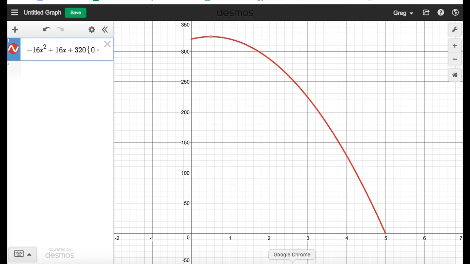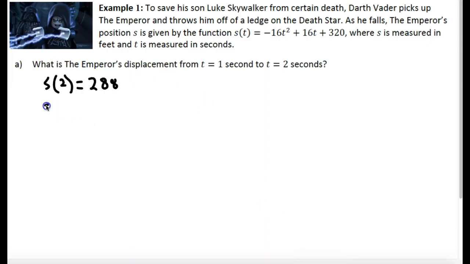And if I go back and I need s of 1, so s of 1 is 320. And again, we could do that by hand. Right? I could plug 1 into this function and get 320. So my displacement then is my final position minus initial position. So in this case, my final position is at 2 seconds, and my initial position is at 1 second.